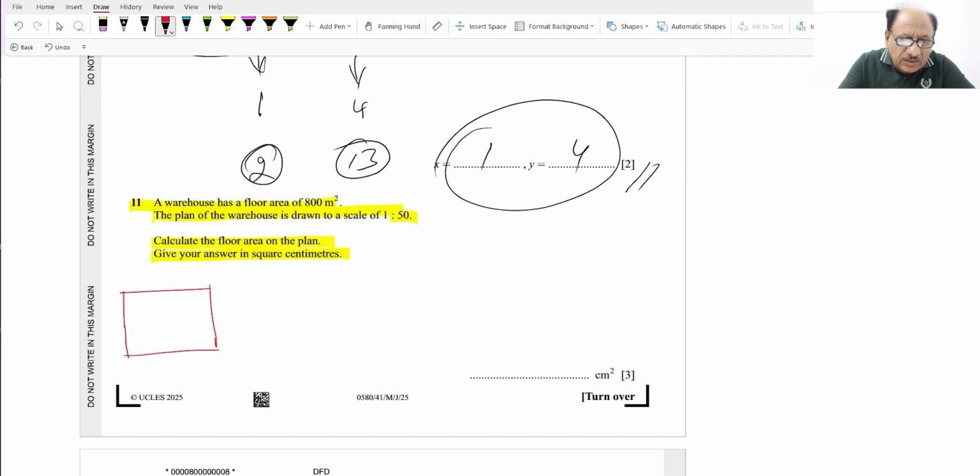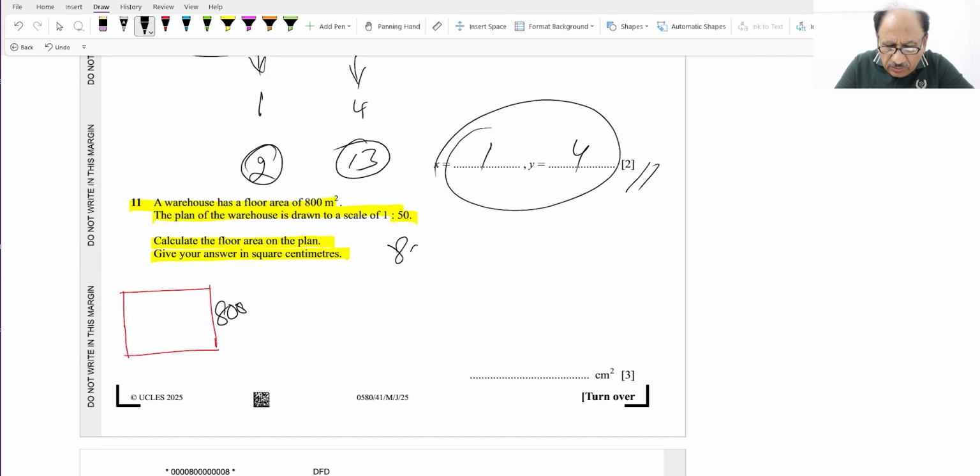One side is 800 meters, so 800 meters, which will be equal to 800 multiplied by meters. One second, I will convert over here.